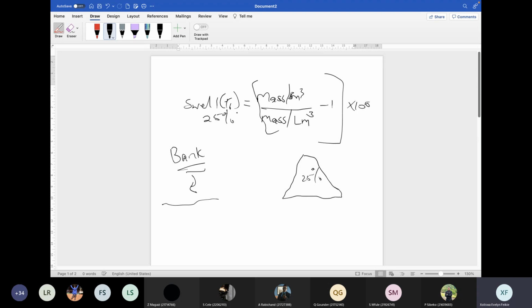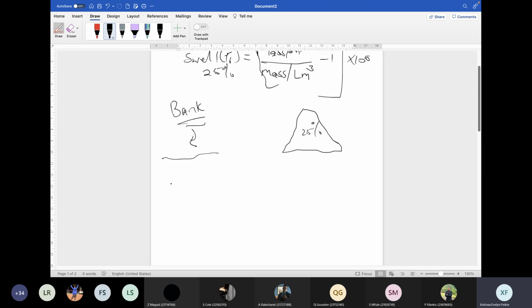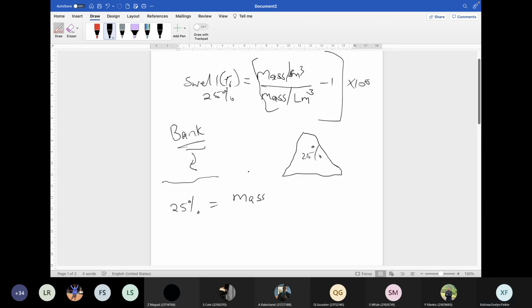So when you see that calculation there that has 1 plus 25 over 100, where is that coming from? It's not clear, but this is what you'll have. You'll have the 25% here equals the mass BM cubed over mass LM cubed minus 1, all of this times 100, right?